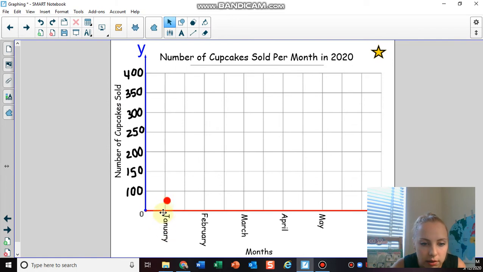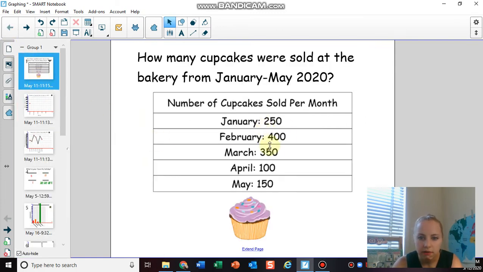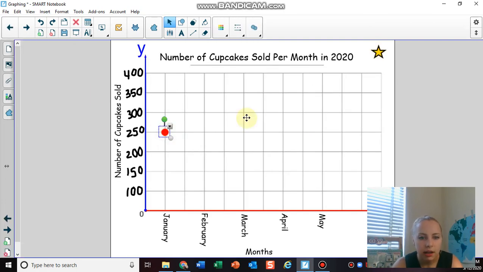So we're going to go down to January, follow right up to 250, and put our data point. Now to February, how many cupcakes were sold in February? If you said 400, you're exactly right. We're going to put our data point in February, lining up with 400.